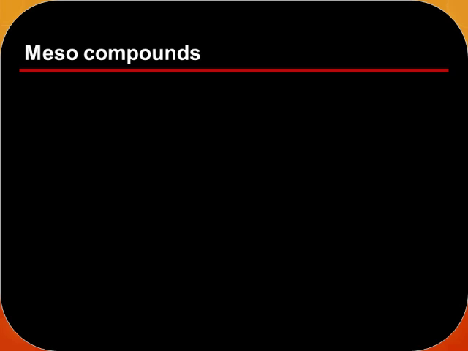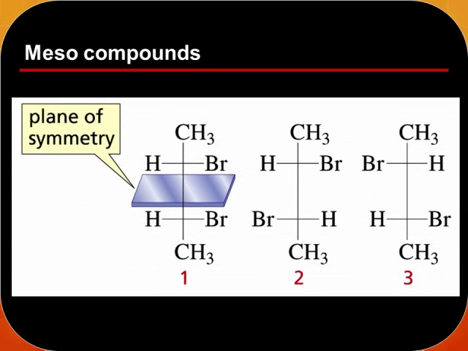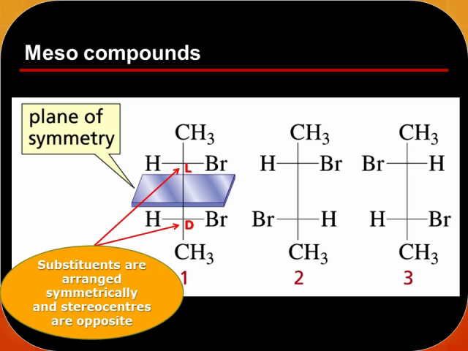Let's look at meso compounds. Here are some examples. Look at the first compound. Right? It has a plane of symmetry. Look at them. It has two different stereo centers. One is L, the other one is D. That means there are two opposite stereo centers.